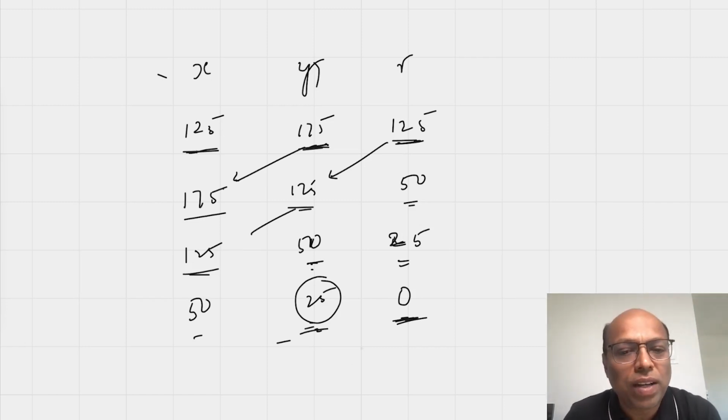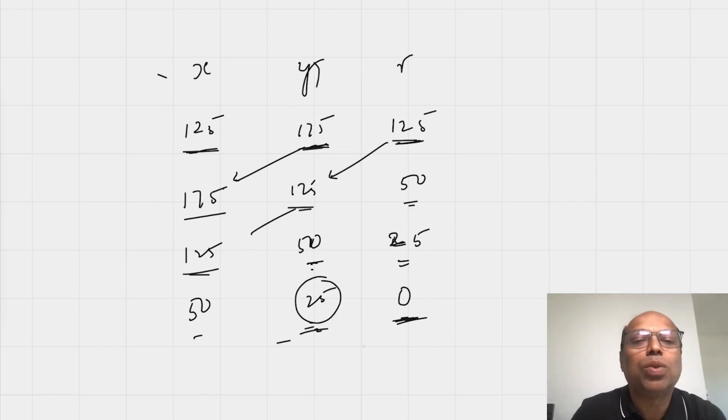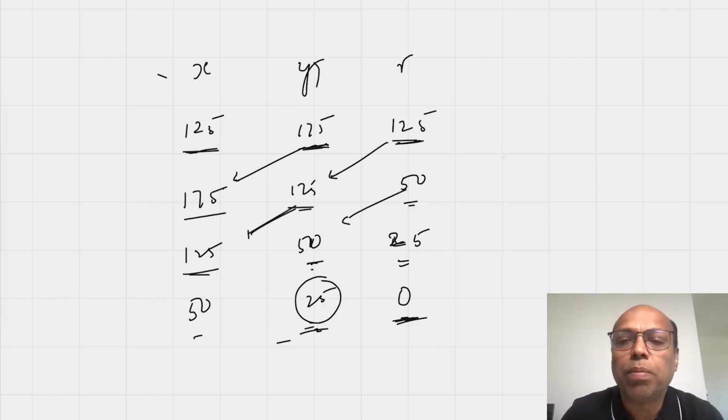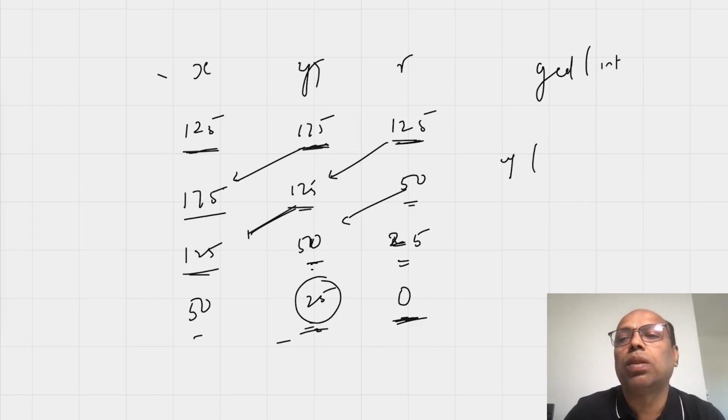If I don't find it, what should I do? I need to interchange the positions: y to x, remainder to y. This is what I need to do and find the GCD of the same. Correct? Therefore, now simply you can say my base component is: if x and y are two integers, GCD is my function that finds the GCD of two integers x and y.